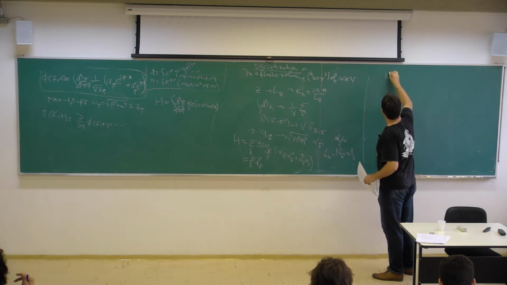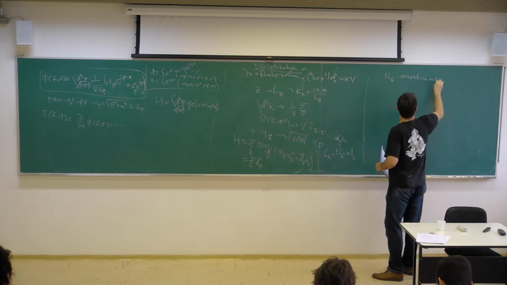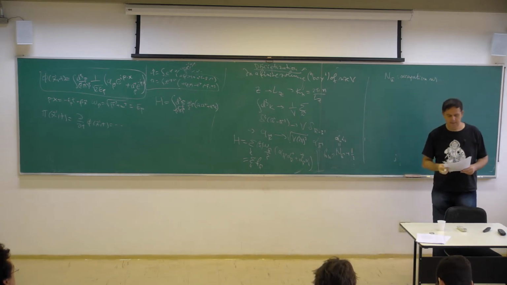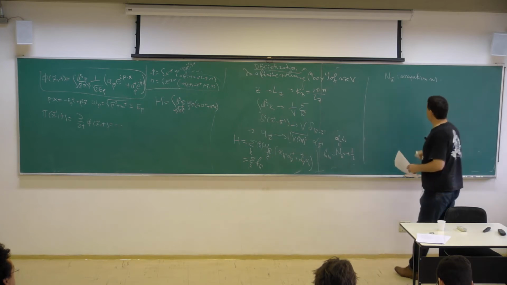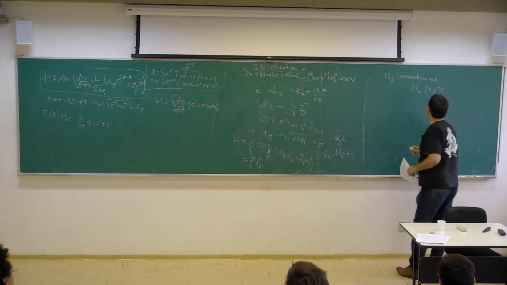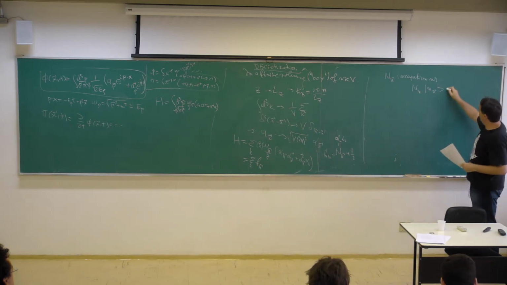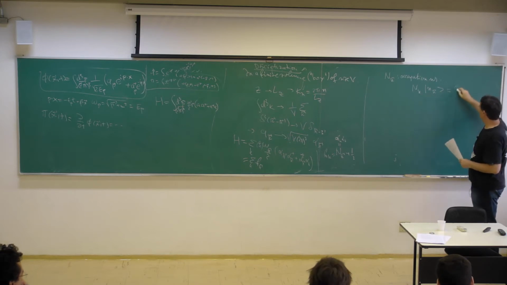Then n k is the occupation number. So one defines a Fock space of states defined by the occupation number little n, which is the eigenvalue of capital N, right?